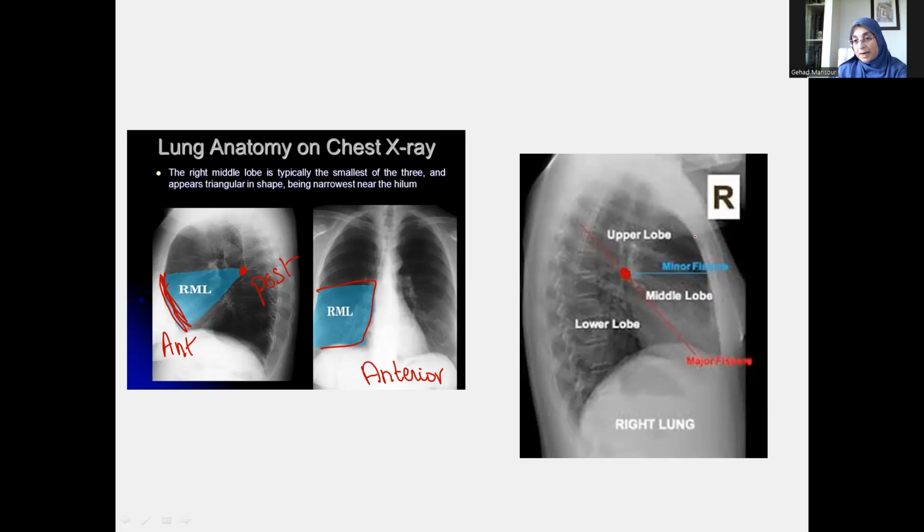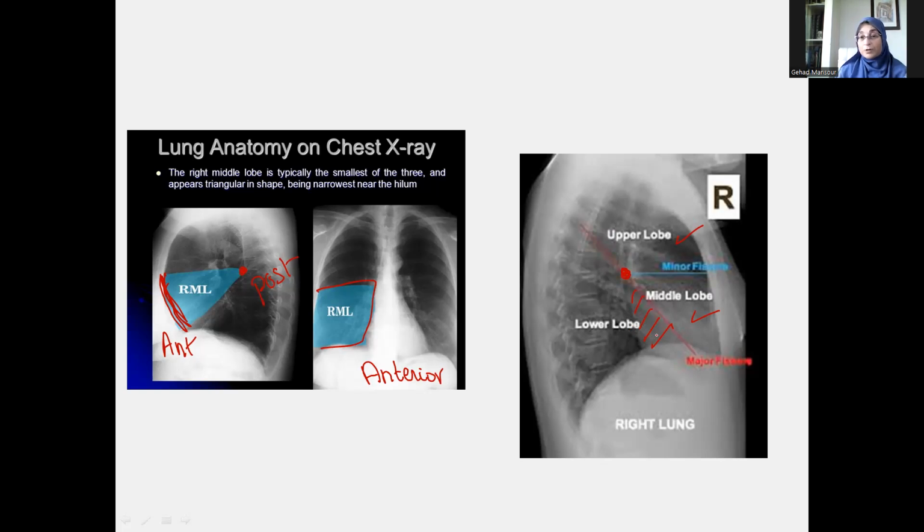So if you look at the anterior border of the lung, you can see the upper lobe and the middle lobe only, and you cannot see the lower lobe that is most posterior. If you look laterally, you can see the upper lobe, the middle lobe, and the lower lobe.